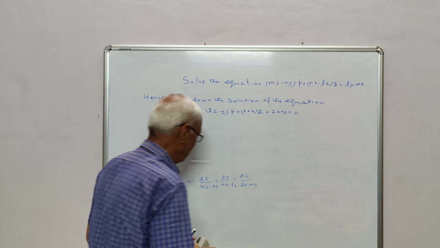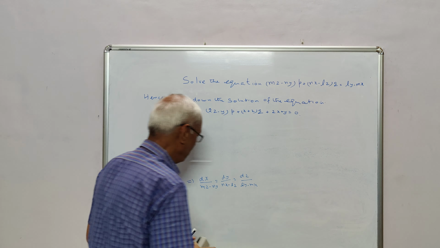So what I do is, I multiply this by x into dx. See, I can write this as x into dx plus y into dy plus z into dz.